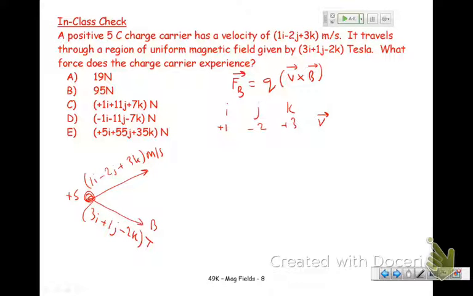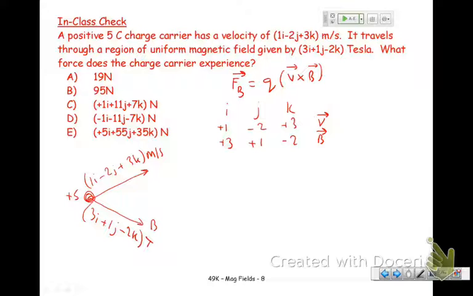And then my B is plus 3, plus 1, minus 2. Over the years, before I commit a whole bunch of brain power, I just double check. So velocity was 1, minus 2, 3. And then 3, 1, minus 2. Good. I'm comfortable with that.